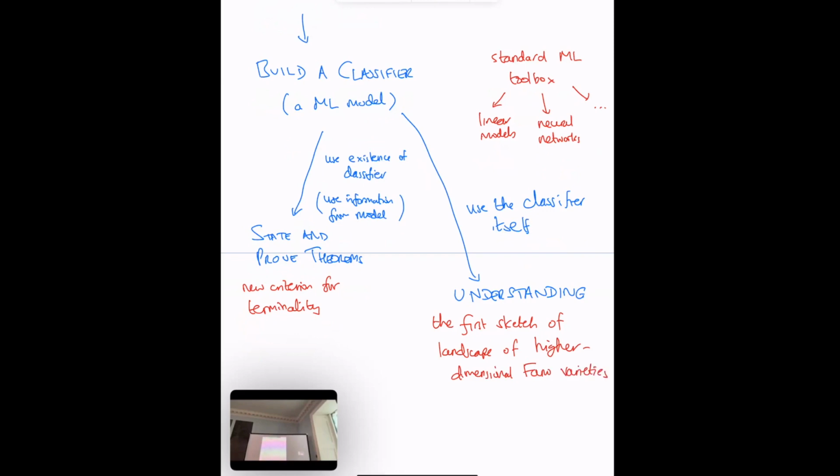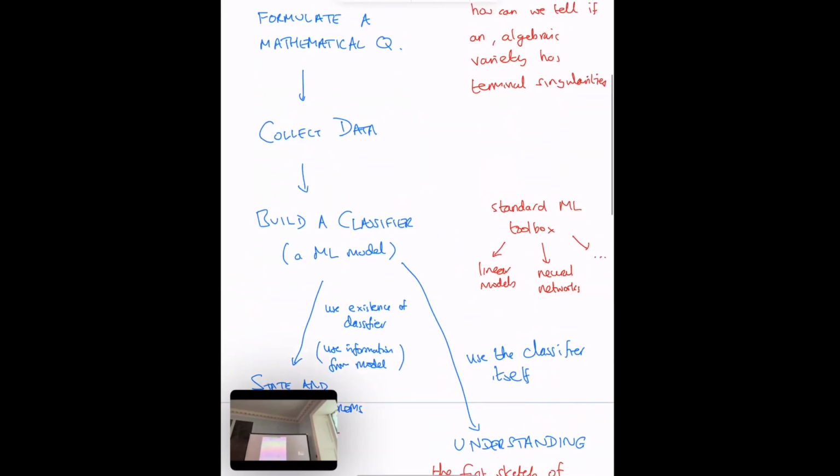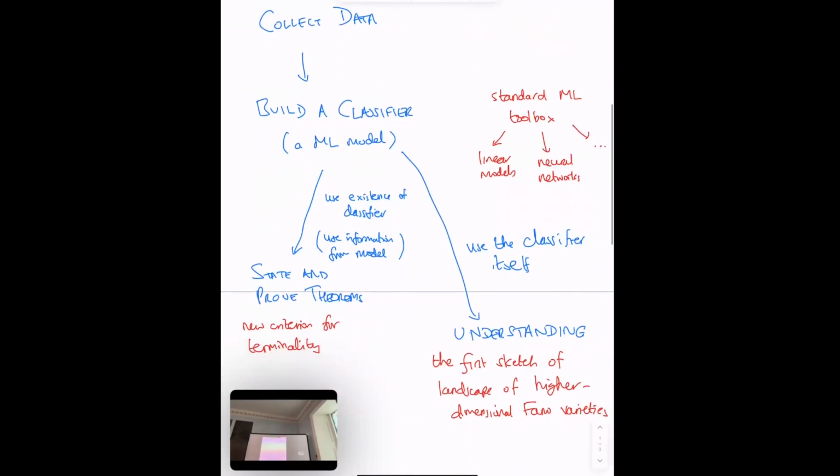I'm really sorry, I'm going to go back and remember to put the word Fano in here. I'm going to say what this means in a minute. It's a positively curved algebraic variety. So our question is going to be about detecting how bad the singularities of what are called Fano varieties are.